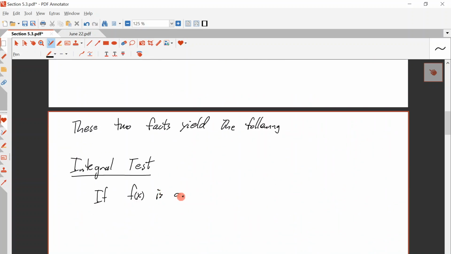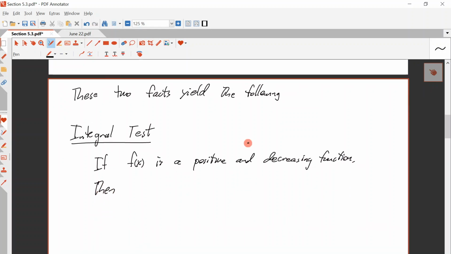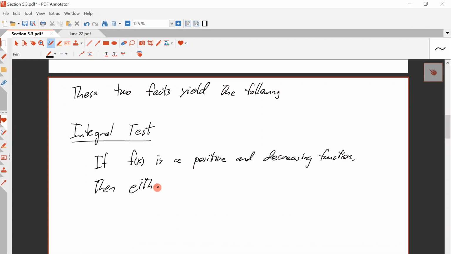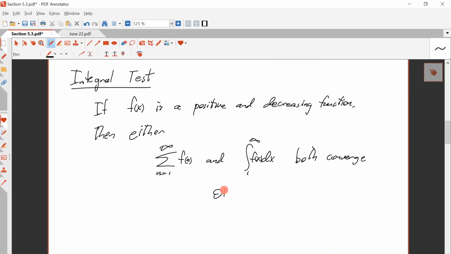If f of x is a positive and decreasing function, only if it's positive and decreasing, then either the sum n equals 1 to infinity f(n) and the integral from 1 to infinity f(x) both converge, or the sum and the integral both diverge.